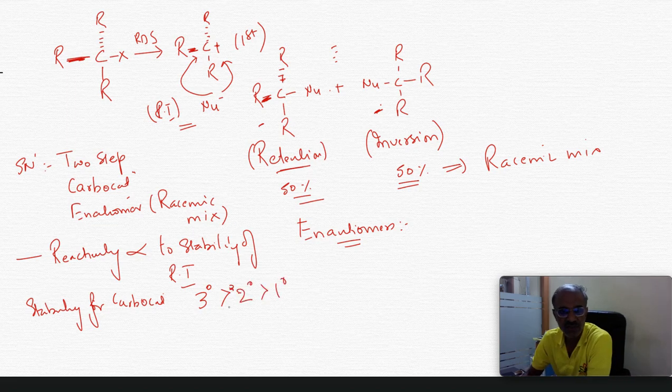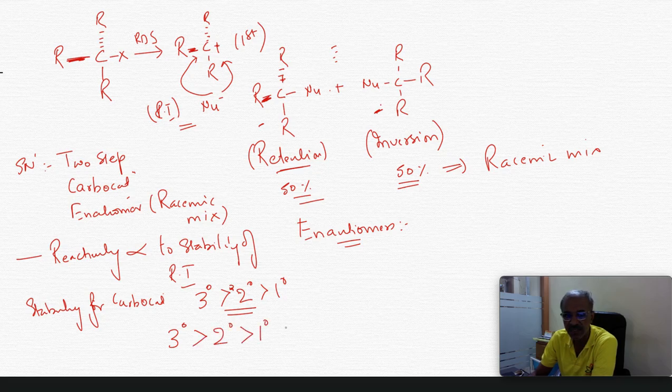Fine. Obviously, if the tertiary carbocation is more stable, that means the tertiary halide has to be first, because only a tertiary halide will give me a tertiary carbocation. So this will be the preference in the SN1 reaction. And obviously tertiary, secondary, primary, and then the least will be methyl.